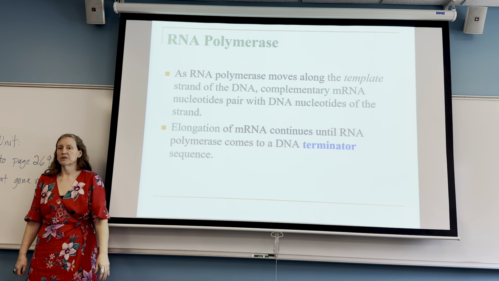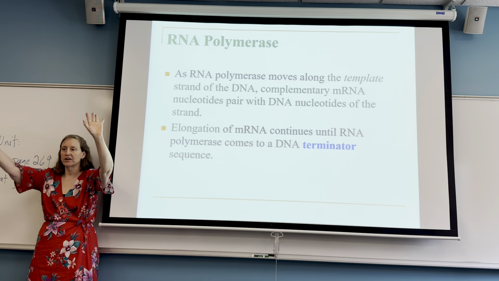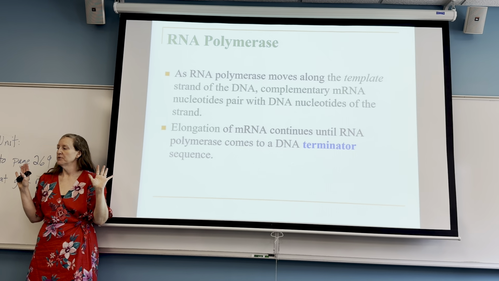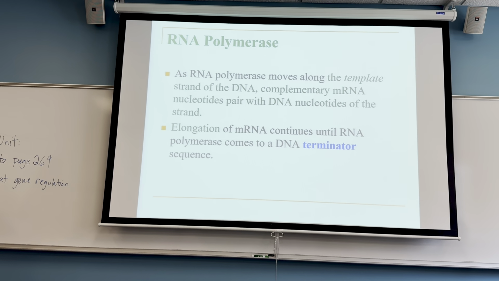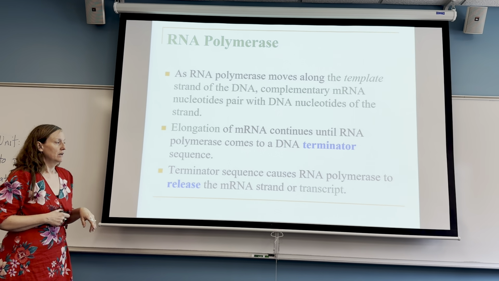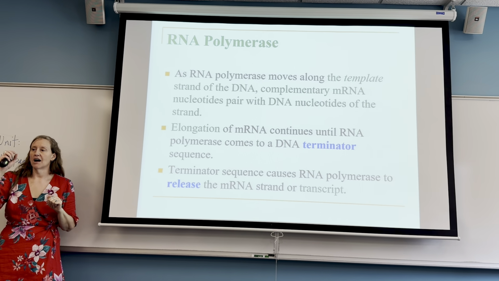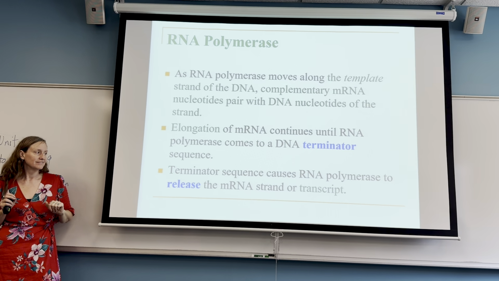And the terminator sequence holds the stop codon, and it says, okay, you're done. RNA polymerase, you're all done. You don't need to add any more nucleotides. We've got that information, that transcript of the DNA instructions in RNA. The terminator sequence says to the RNA polymerase, go away.